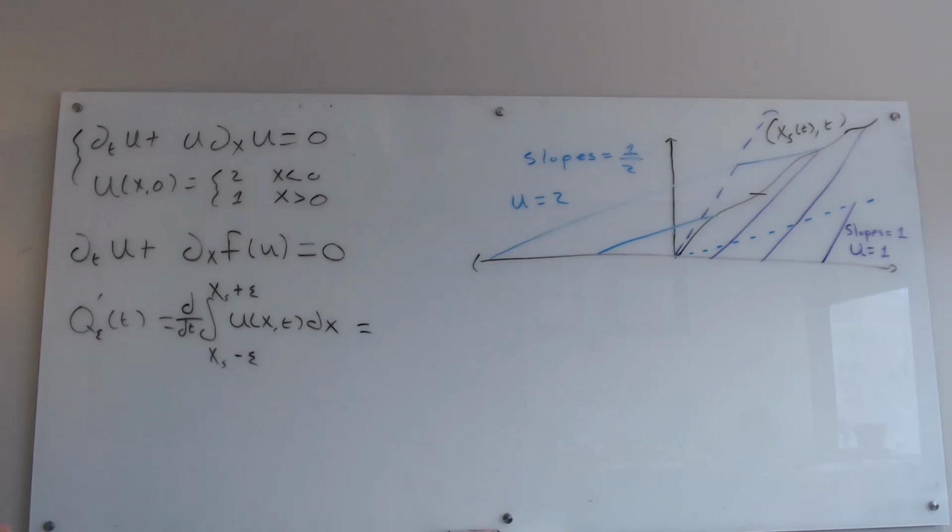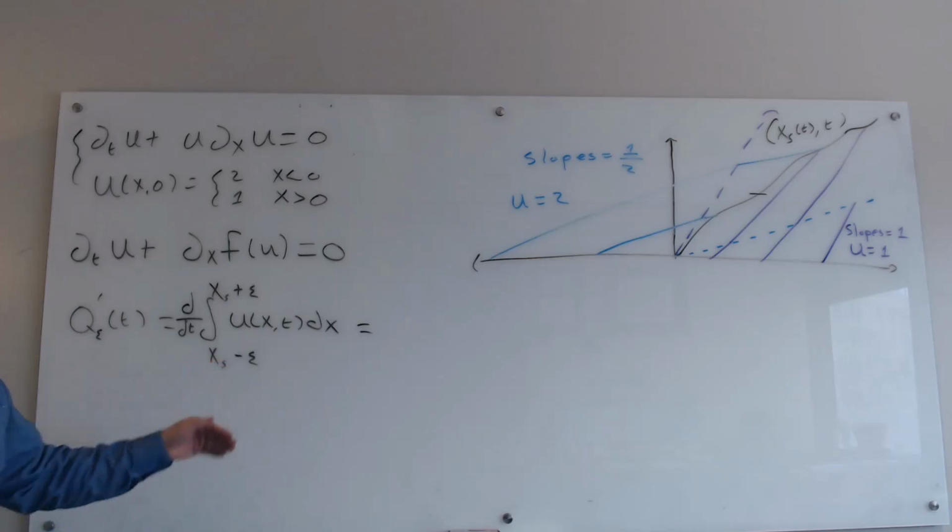But there are two issues. The first issue is that the limits here depend on t. And the second issue is that this is technically an improper integral, because we are integrating over a discontinuity. So you have to integrate from xs minus epsilon to xs, and then from xs to xs plus epsilon.